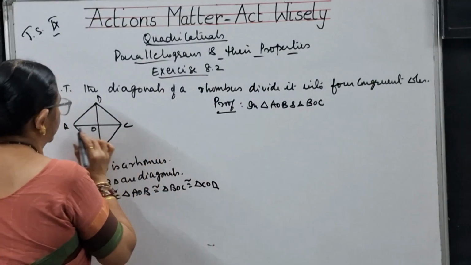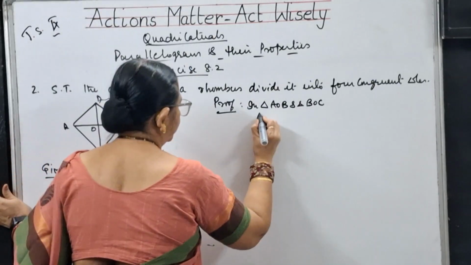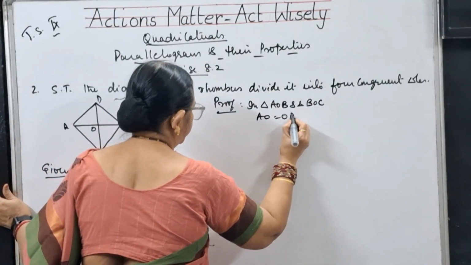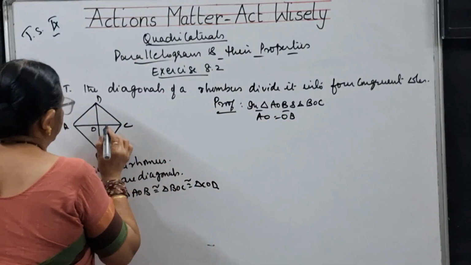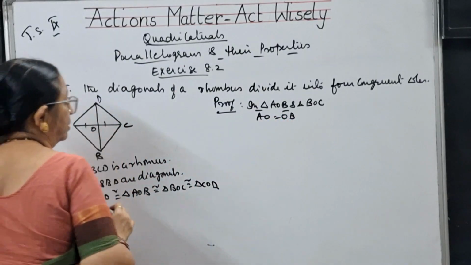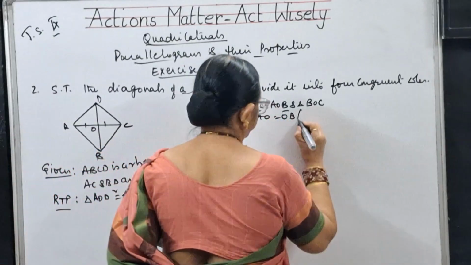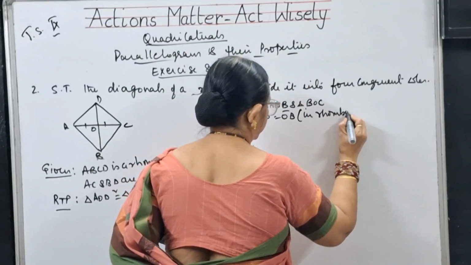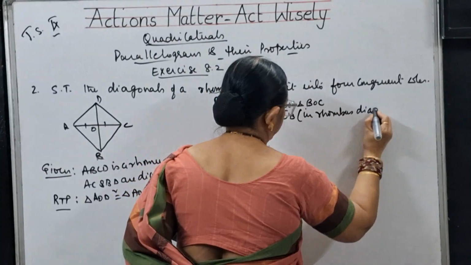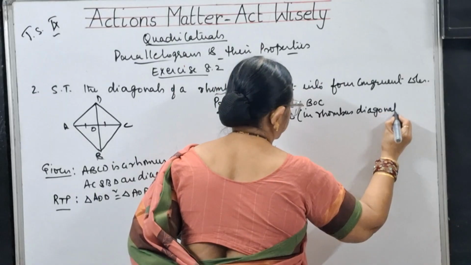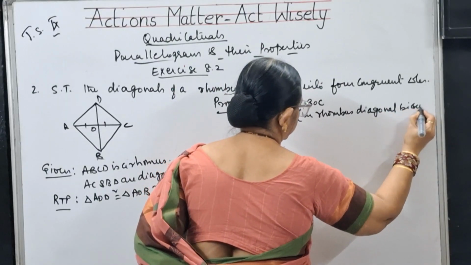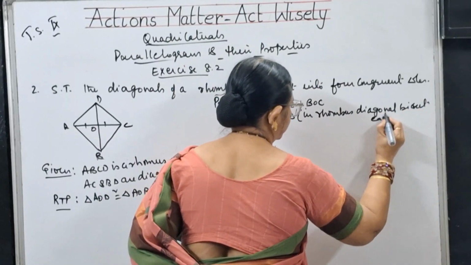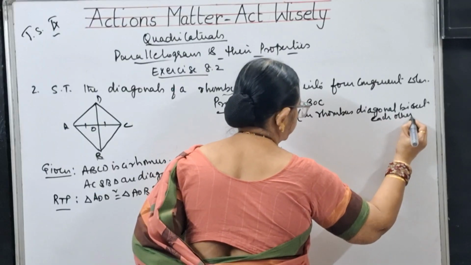In these two triangles, AO is equal to OB. Why? The diagonals bisect each other. In a rhombus, diagonals bisect each other. This is the property of the rhombus.